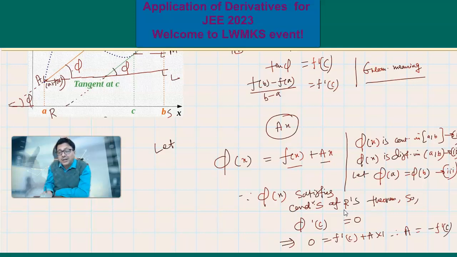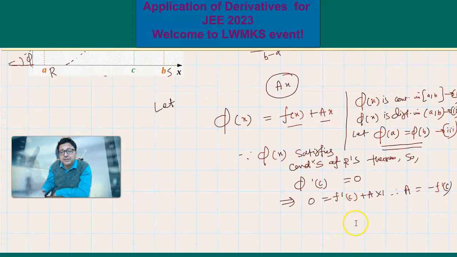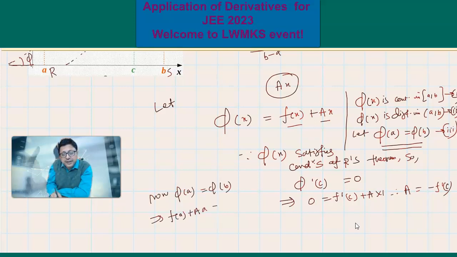But phi(a) equal to phi(b) gives some information about a. Let us put phi(a) equal to phi(b) on this function. Since phi(a) equals phi(b), this implies f(a) plus a into a equals f(b) plus a into b.